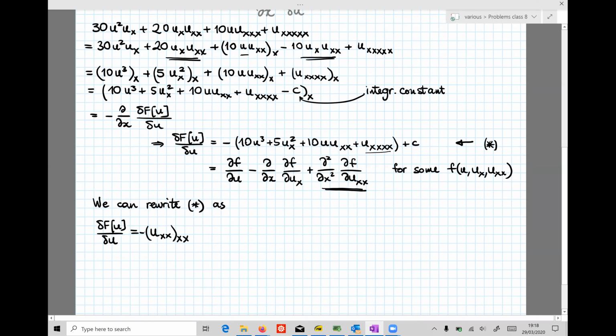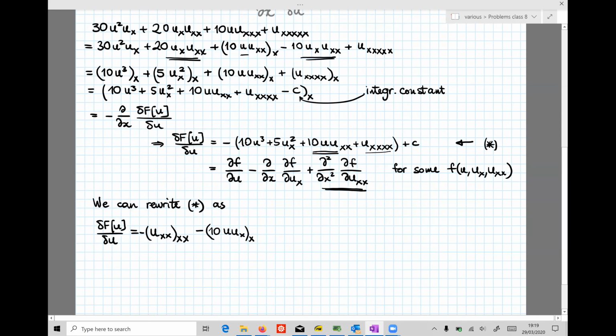Okay, so next we want to write some of the other terms as a first derivative possibly. One way to do that is to recognize that we have 10u uxx. And we can again write this as a total x derivative plus something else, essentially by doing the trick that we do when we integrate by parts. So we can write minus 10u uxx as minus 10u ux differentiated with respect to x.